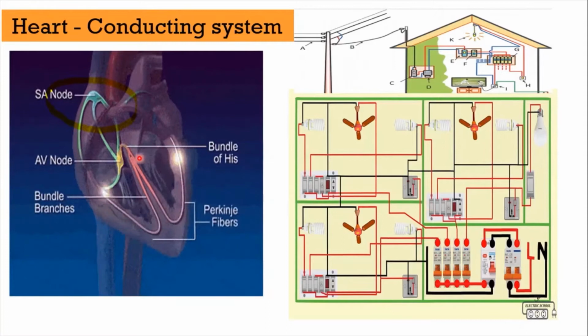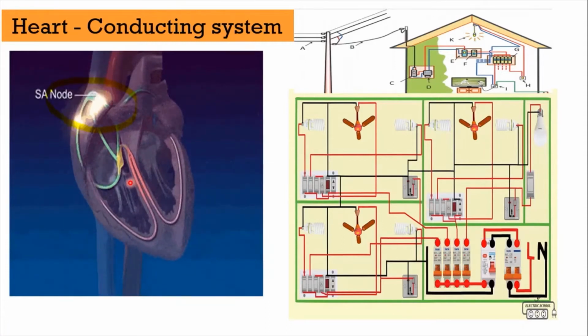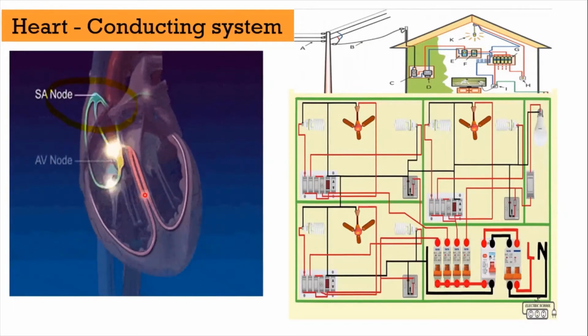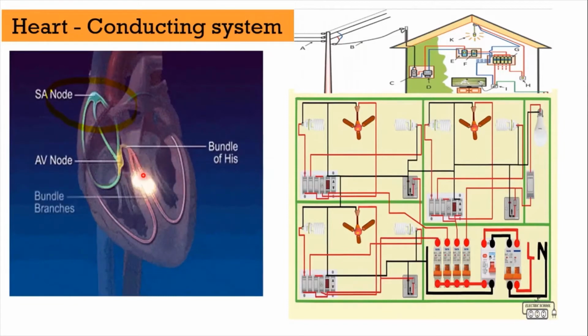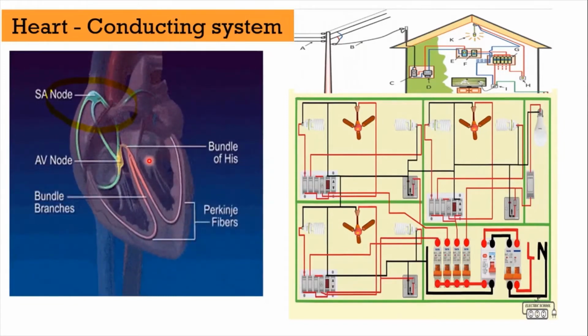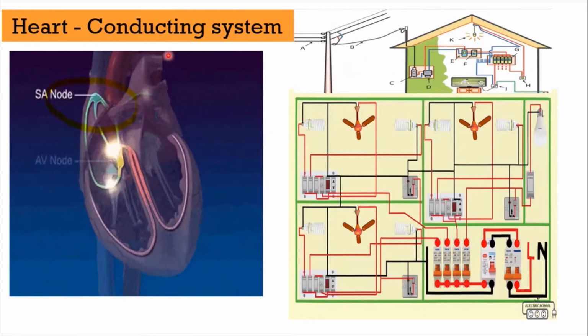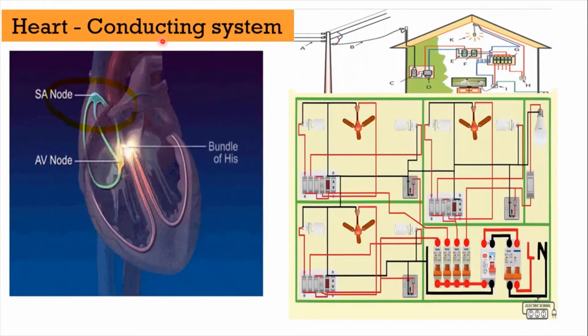Likewise, all the 4 chambers of heart must receive the electrical impulses. So the nodal tissues do this function also. They conduct the impulses through the entire cardiac musculature. This is the second function of nodal tissues. First one is generation of impulses and second is conduction of impulses.